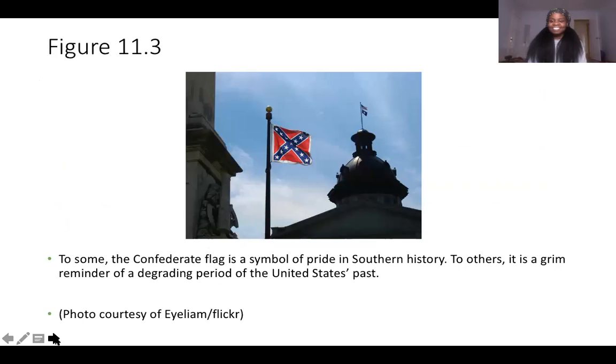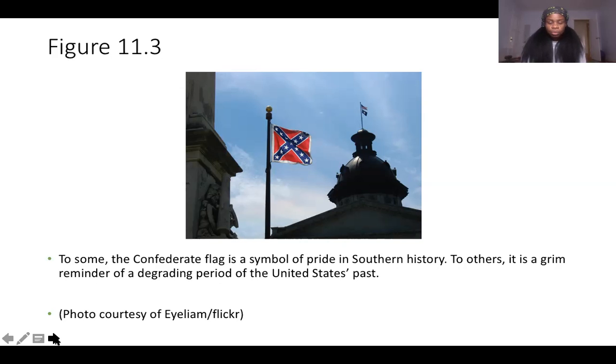We're going to get into symbols. I will just note quickly that symbols are very important when it comes to sociology. Please refer back to chapter 3, our culture chapter, as well.